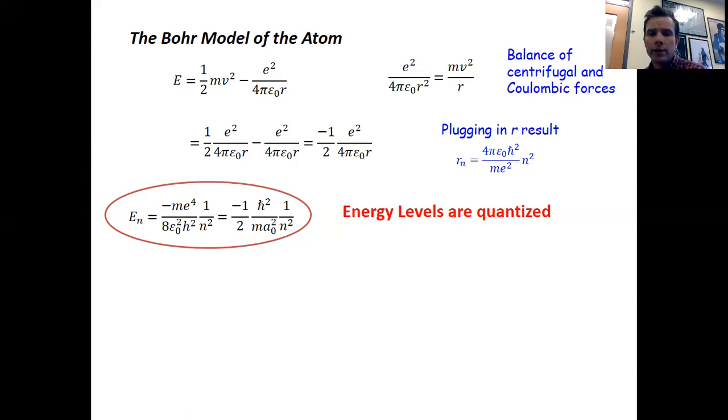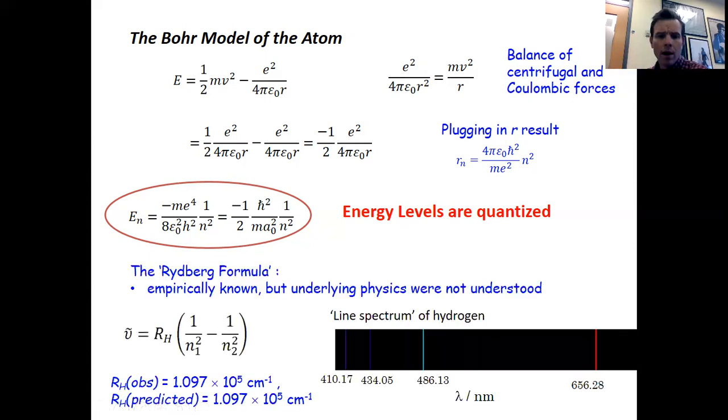And in particular, the magnitude of these constants was striking to physicists at the time. So there was a formula known as the Rydberg formula. It is used to explain the wavelengths at which lines show up in the emission spectrum of a hydrogen atom. So you may have seen these before in Gen Chem.